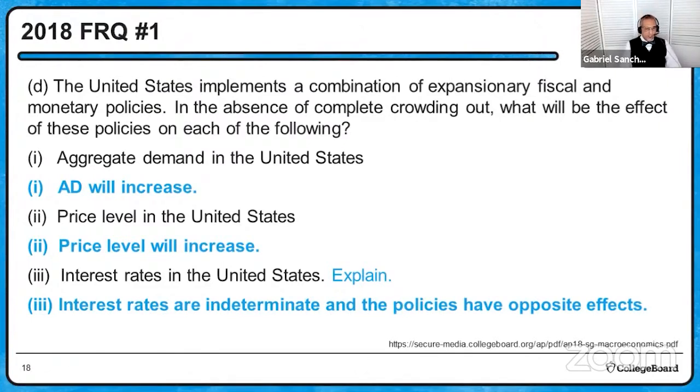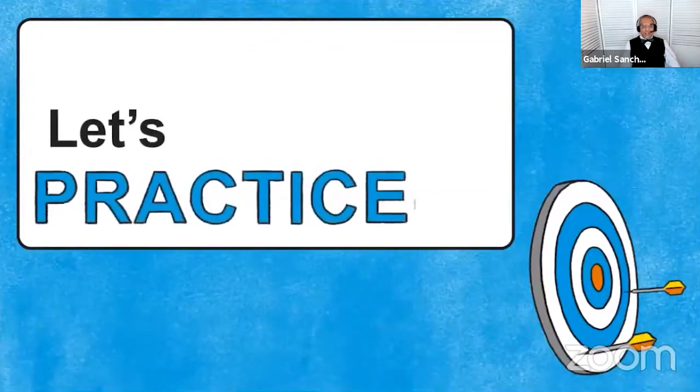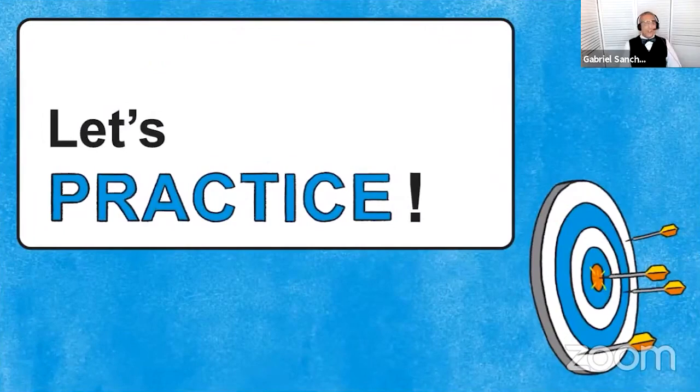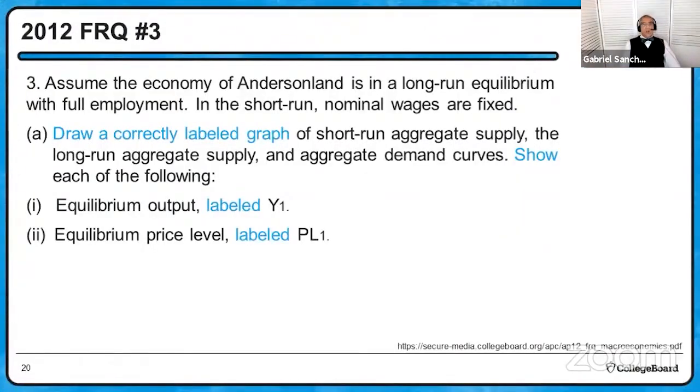One down, two to go. Let's keep moving in our review and practice. Let's go to another question. Here we go. We're going to assume that the economy of Anderson-Land is in a long-run equilibrium with full employment.